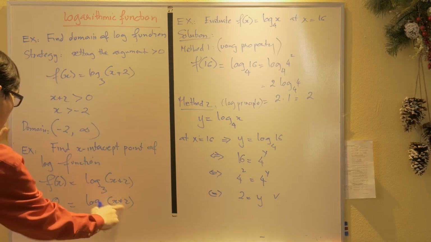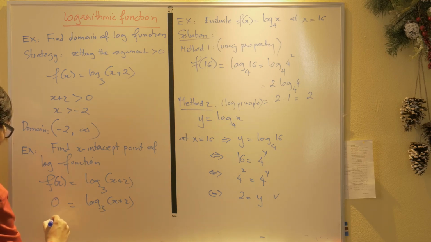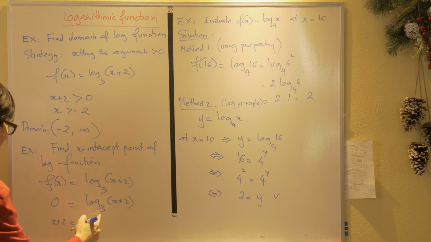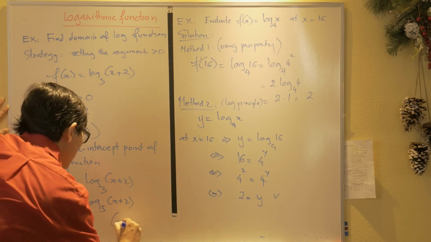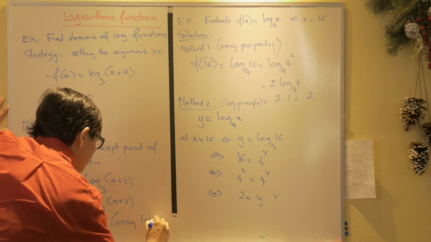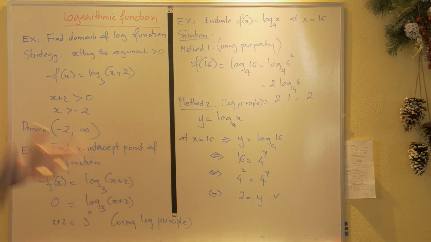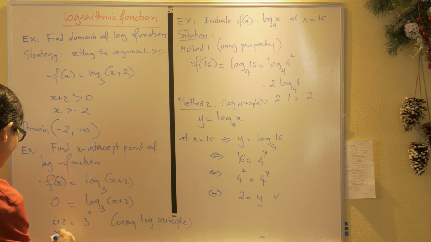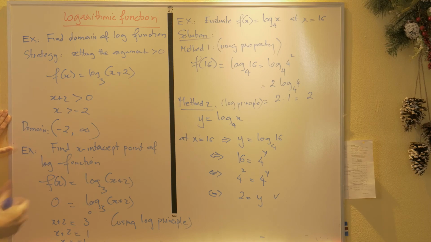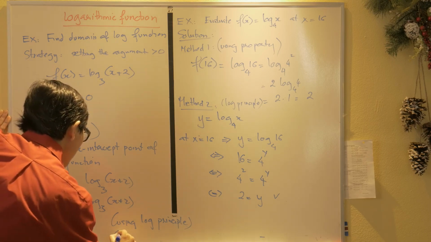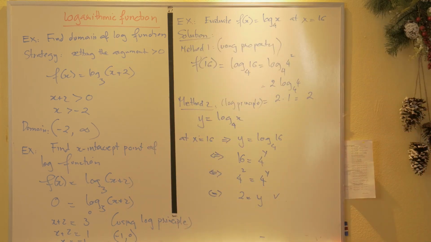This is your argument, this is your y, this is your base, so x plus 2 equals b to the y, so 3 to the 0. 3 to the 0 gives you 1, so your x will be negative 1. Then your x-intercept point will be (-1, 0). It's very easy. All right.